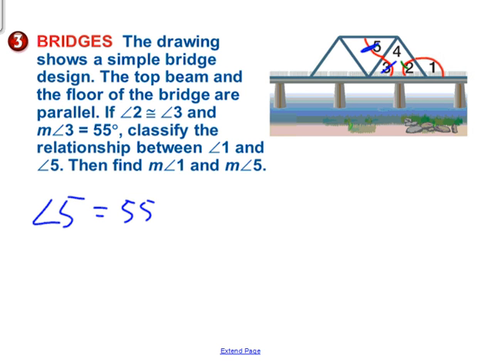And if we look at angle 2 and angle 1, those are supplementary angles. So we can find out what angle 1 is equal to. Angle 1 is equal to 180 minus 55.